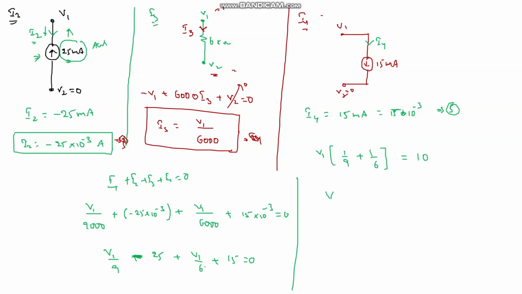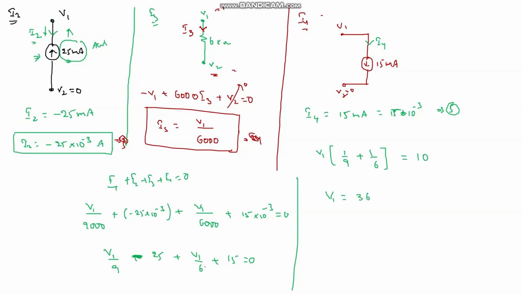After simplifying this expression, V1 is equal to 36.